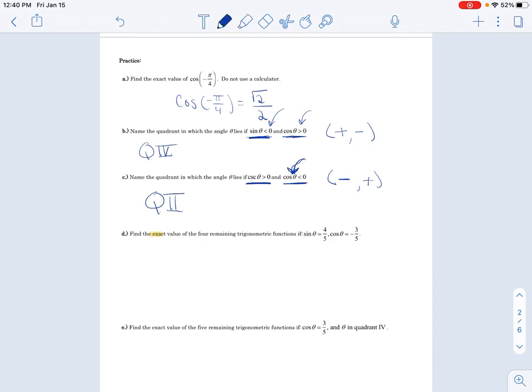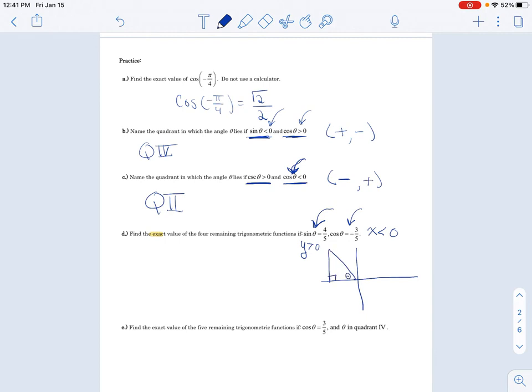So what I'm going to do is give myself a Cartesian plane, and this is saying that my sines are positive, so that means my y's are positive, and this is saying cosine of theta is negative, so that means my x's are negative. And hopefully doing the 2 previous kind of helped sink that in. So what quadrant will we have to be in where our x's are negative but my y's are positive? That means I have to be in the second quadrant.